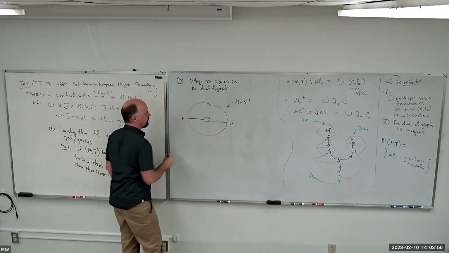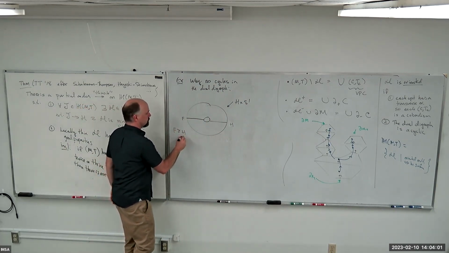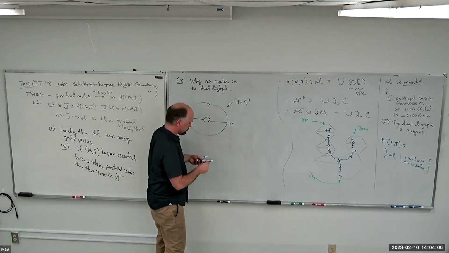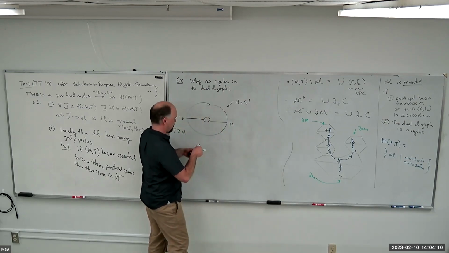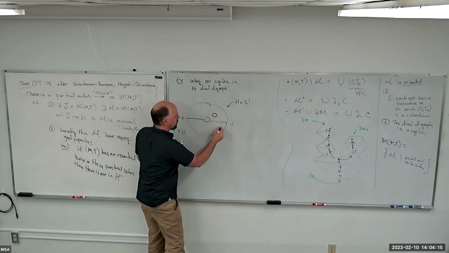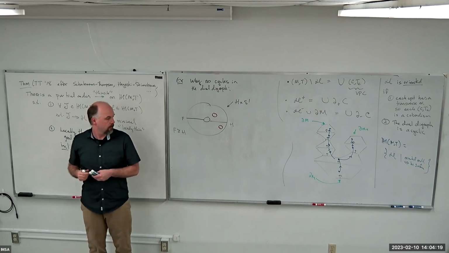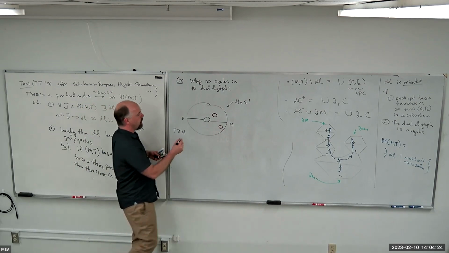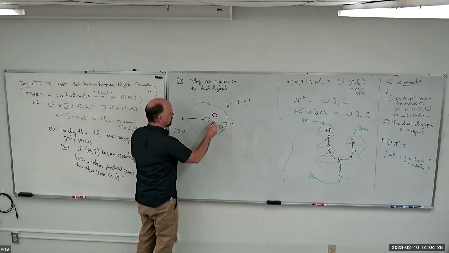Here's another copy of H. And let's say that I've removed a three ball on either side of H, or on either side of H union F. And let's say I have a bit of graph.